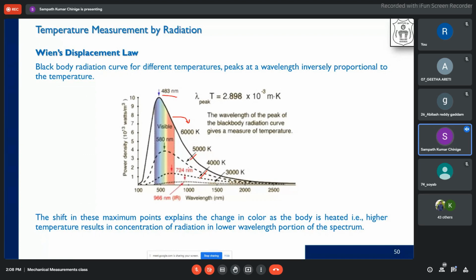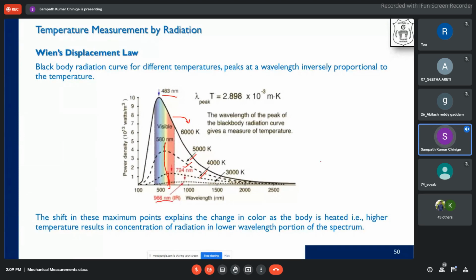When it is at 5000 Kelvin, the same material, you can see here the maximum value is available at 580 nanometers. That is the maximum emissive power we get at a range of 580 nanometers. Similarly, at 4000 we have 724. Likewise, at 3000 Kelvin it is 966 nanometers.